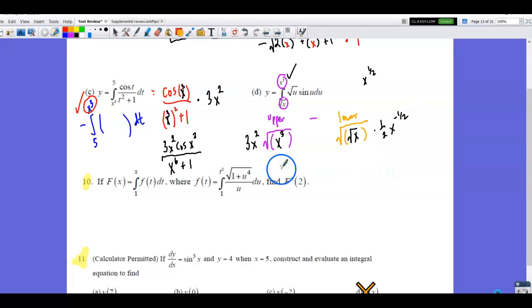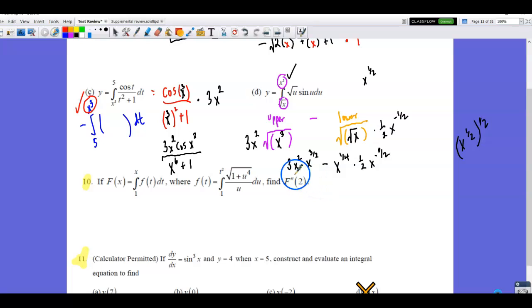Now, as far as cleaning that up, I guess you could say that that's 3x squared times x to the 3/2, and then minus square root of x is x to the 1/4 power, because it over here is x to the 1/2 to the 1/2. So that's x to the 1/2 power times 1/2 x to the negative 1/2.